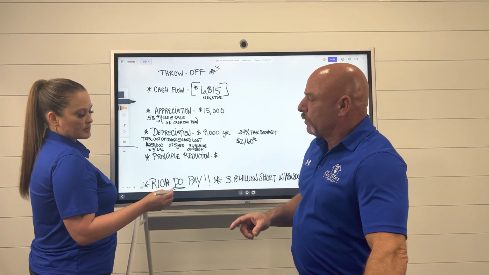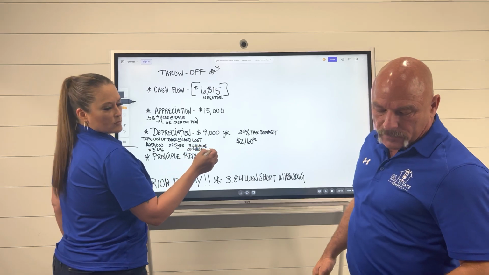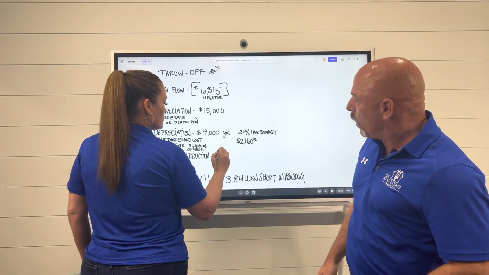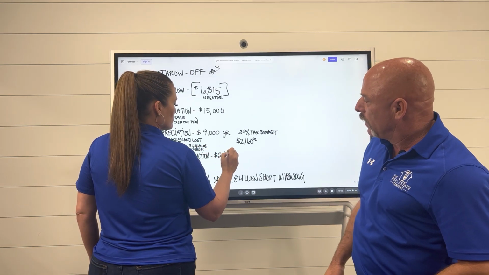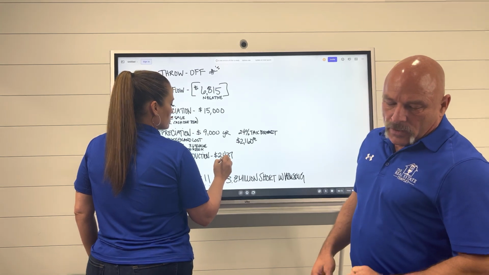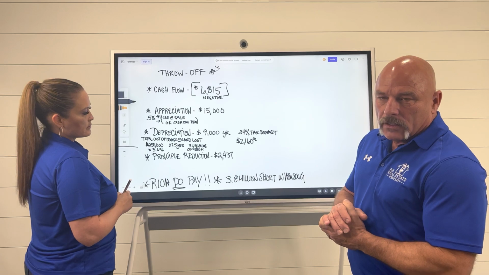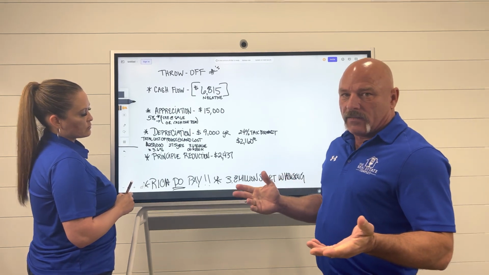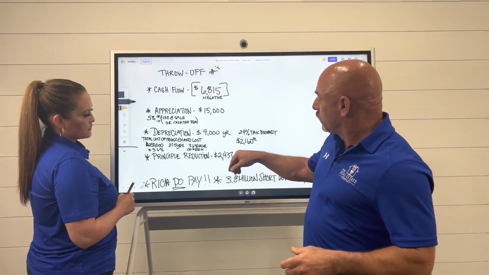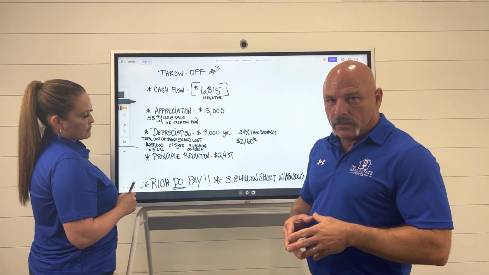So we had a principal reduction on that note of $2,437. So the question on that $2,437, is that something that we recognize every year? We owe $2,400 less this year than we owed last year.